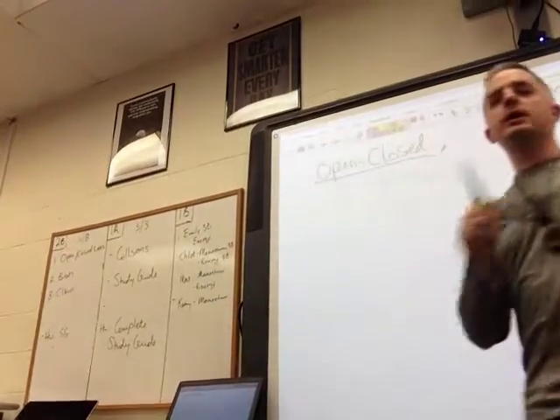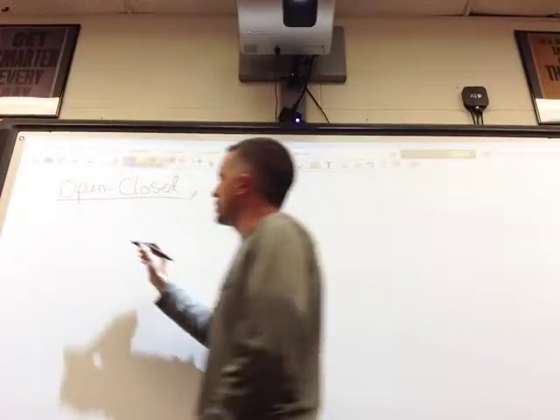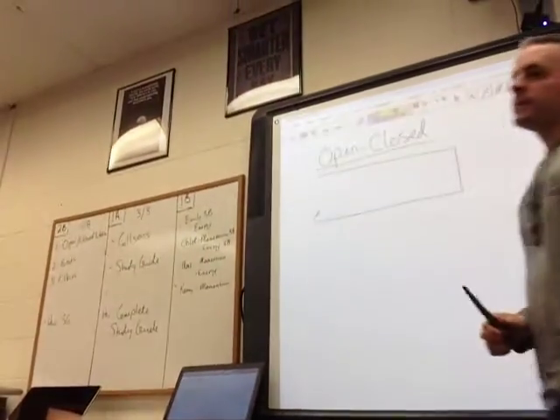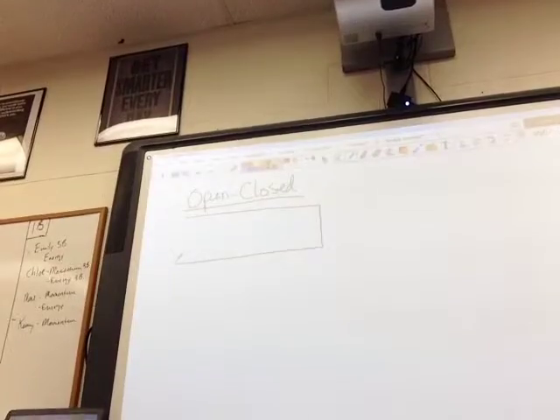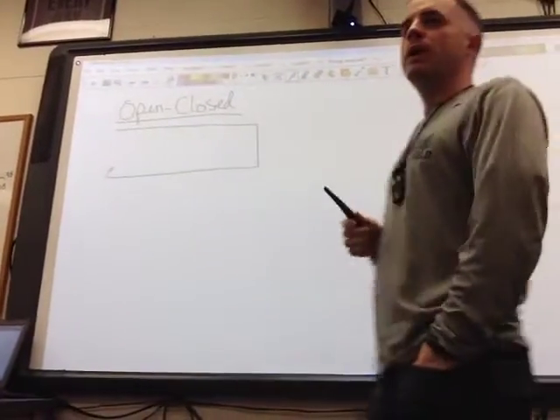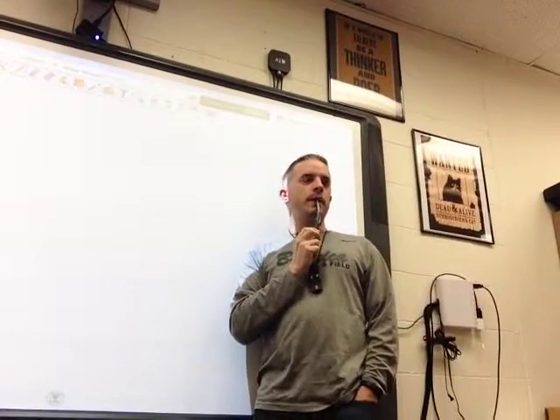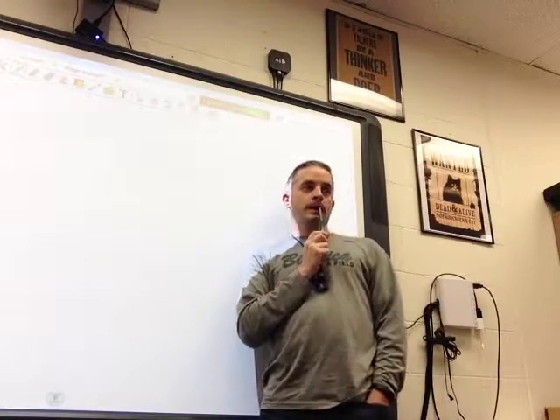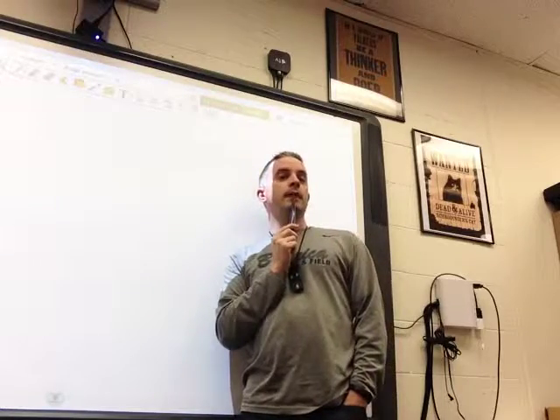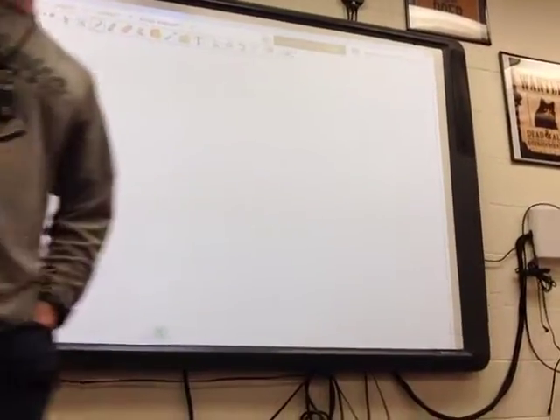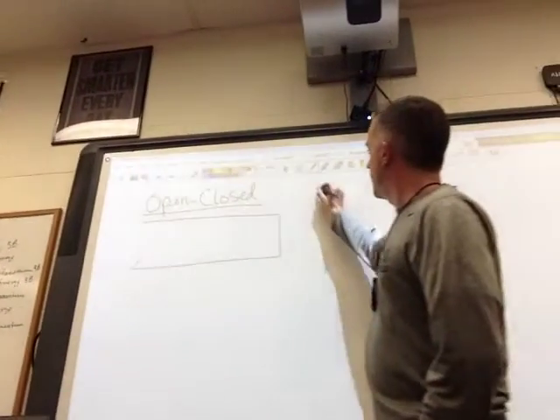All right, so for an open closed system, you would have one end open, one end closed. What do you think an instrument that's an open closed might be? No, because those are strings. What do you think might be an open closed? Trumpet. Really? Why?